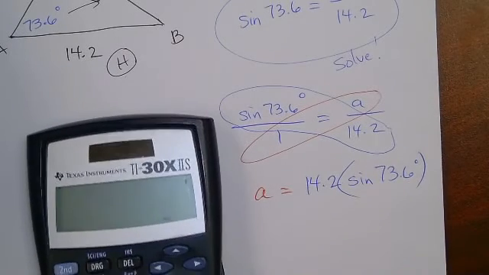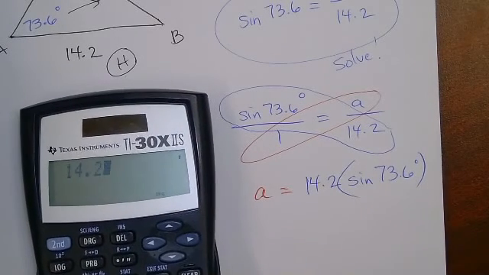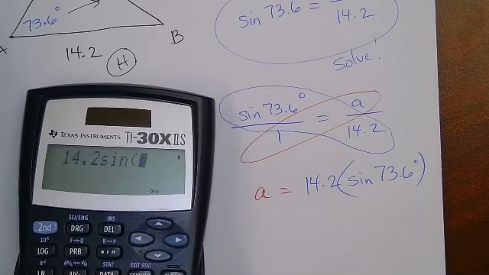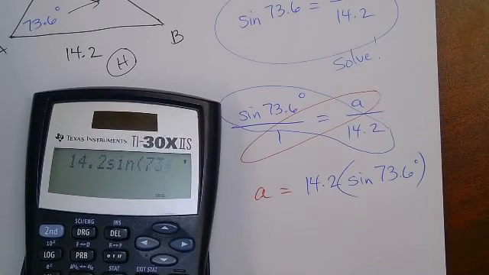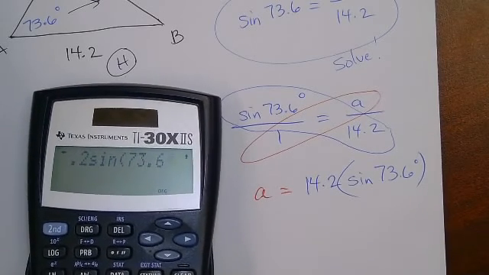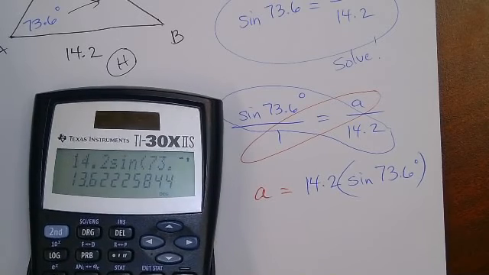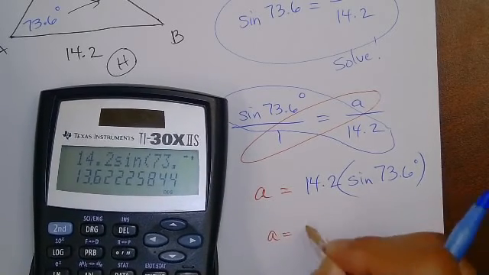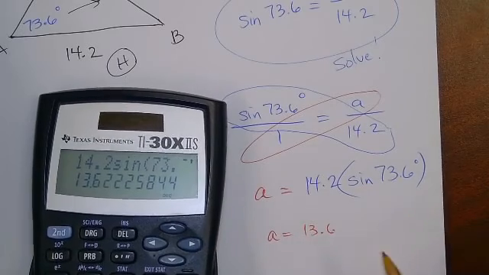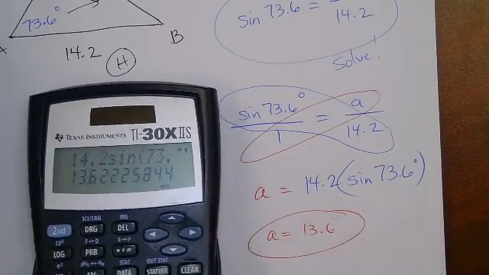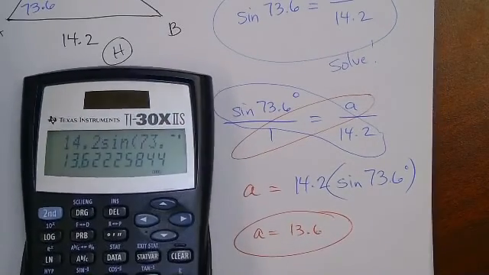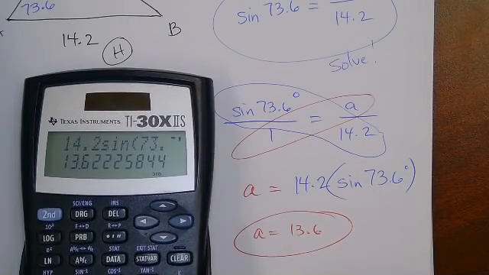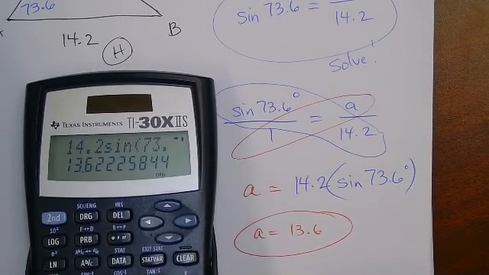All right, let's see. 14.2 sine 73.6. I get 13.62, so I'll just leave it at 13.6. That's the missing side measure. Let me check my answer key here. Yeah, that's what I got.